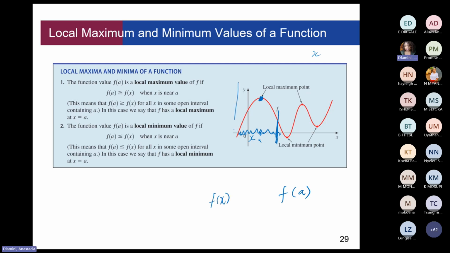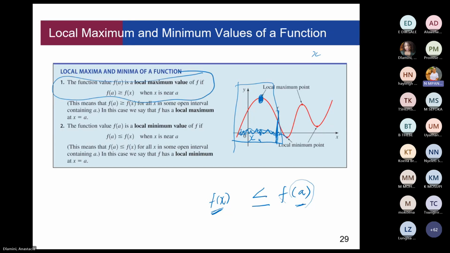Now on this region here, which one is greater? Are the values of f of x greater or the value of f of a greater? The value of f of a is greater. Then it means it's either greater or equal to, they say it like that. So they're saying that if the value that we chose is greater than all the other values in that region, it means that is the local maximum. That's what they're saying here.